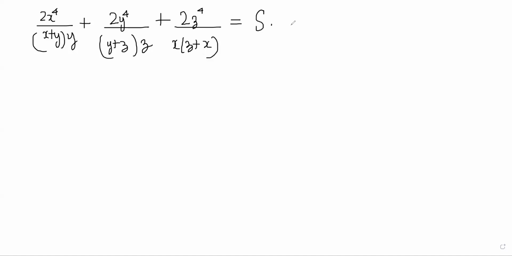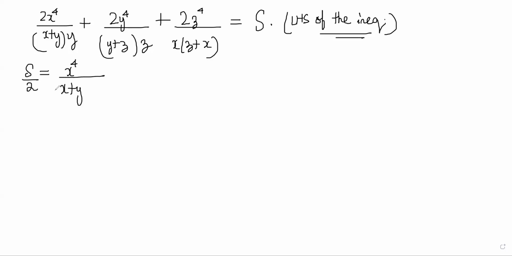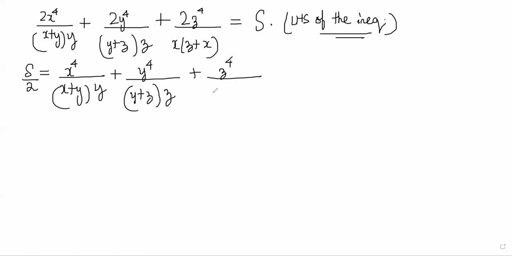This is S, the LHS of the initial inequality. We have written it like this. So therefore, S/2 becomes x⁴ / (y(x + y)) + y⁴ / (z(y + z)) + z⁴ / (x(z + x)).